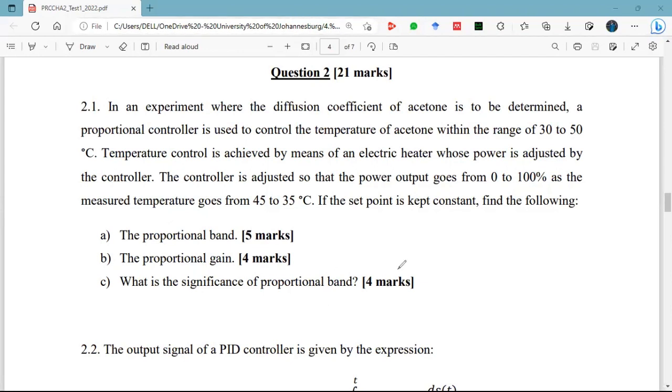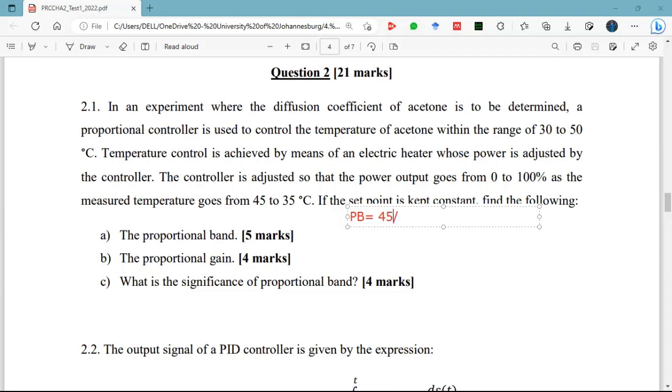There's a formula that you already have for finding the proportional band. So there you just had to say PB is equal to the temperature that you are dealing with, 45 to 35, which is your temperature change, the actual temperature change that we have here.